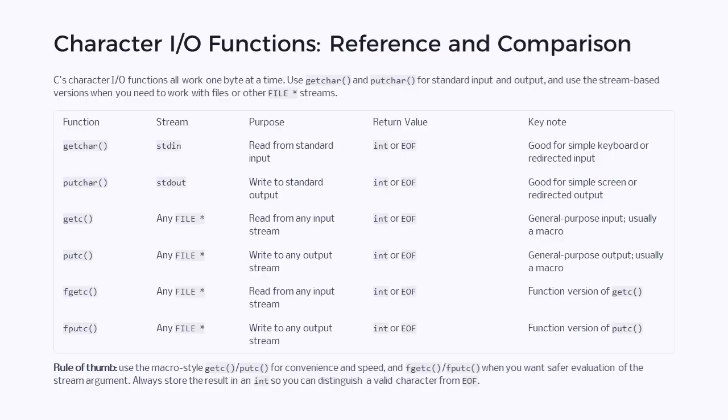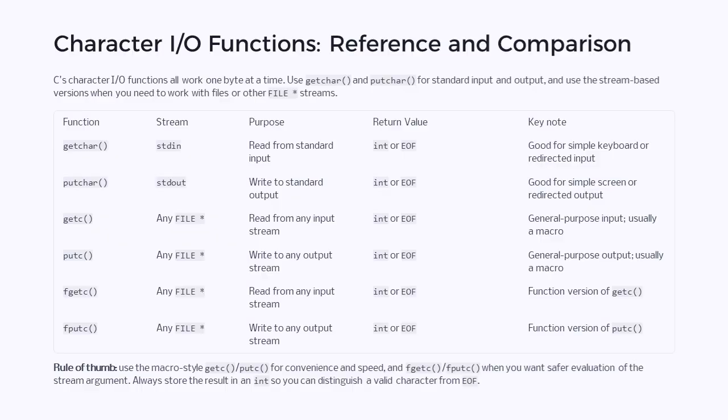Stream, as we know, is stdin, standard in. Purpose: read from standard input. Return value: it gives an int. Key note: good for simple keyboard or redirected input. Next one, putchar. As we know, the stream is stdout, standard output. Purpose: write to standard output. It returns an int value or EOF. Key note: good for simple screen or redirected output.